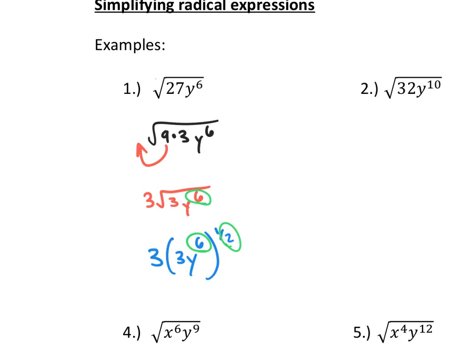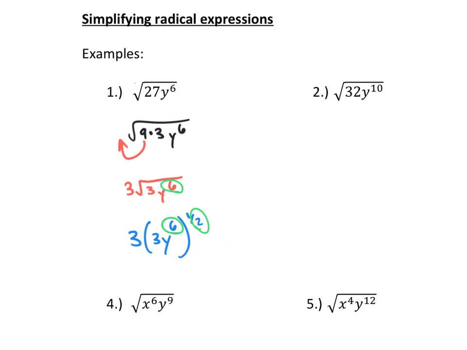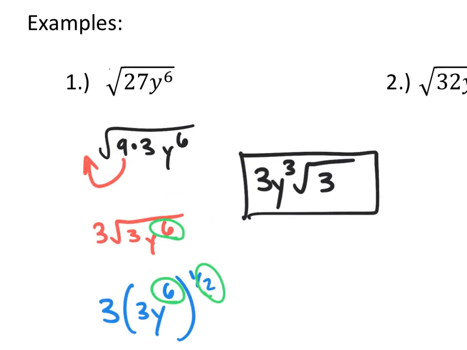And in this case, if I do 6 divided by 2, I would get the 3rd power. So for this final answer, y to the 3rd power is going to join the 3 that was already there on the outside. So essentially we're dividing our exponents by 2 to get them to escape.